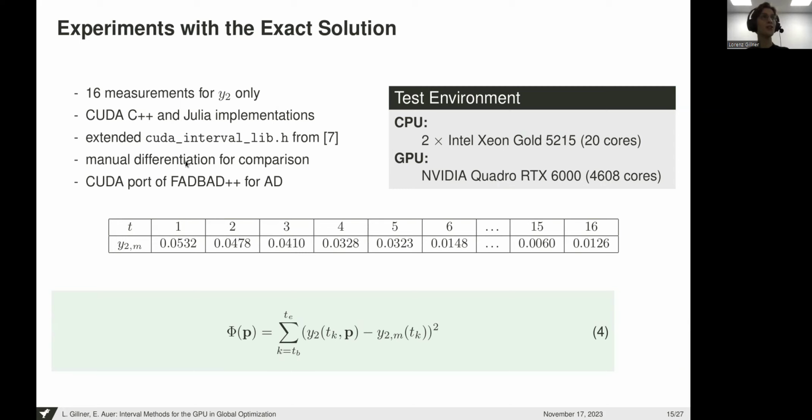And because initially there was, as I mentioned earlier, no automatic differentiation available on the GPU for intervals, we used manual differentiation for the computation of the gradient, and later developed or ported parts of the FADBAD library to the GPU, so that we now have a very rudimentary library for automatic differentiation with intervals on the GPU. And we ran our test on a NVIDIA Quadro RTX 6000 with little over 4,000 compute cores.